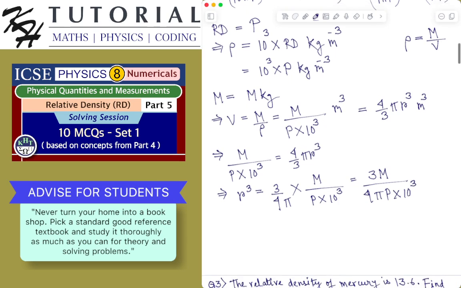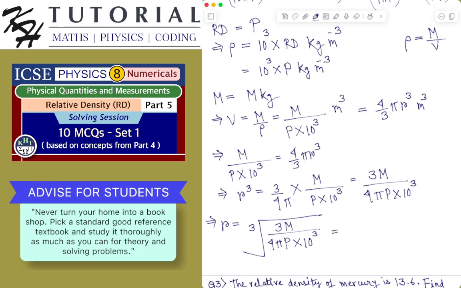So what will be r? R will definitely be the cube root of the right hand side. That is, r will be the cube root of 3m divided by 4 pi p multiplied by 10 to the power 3.